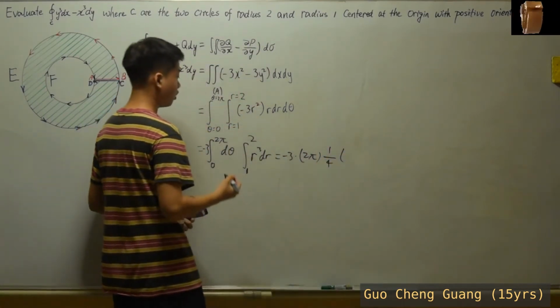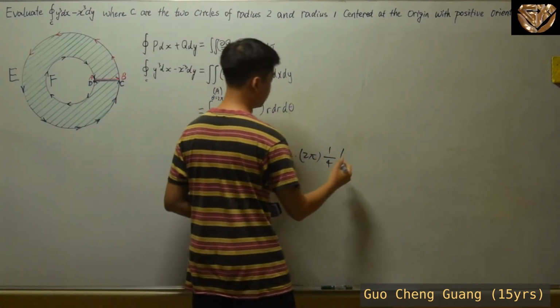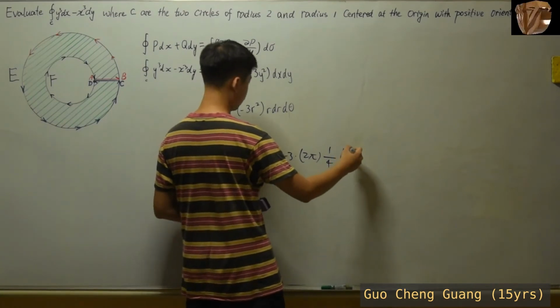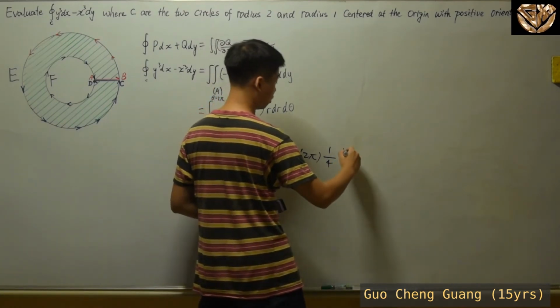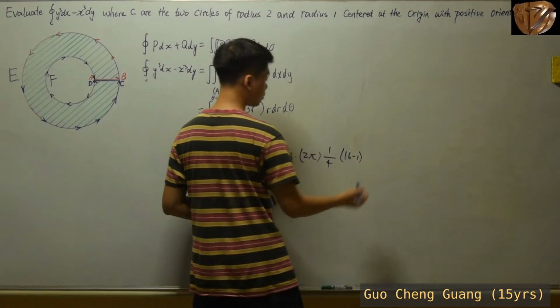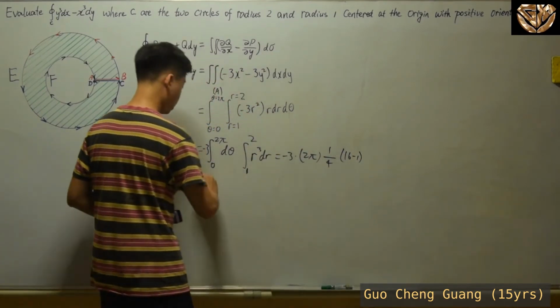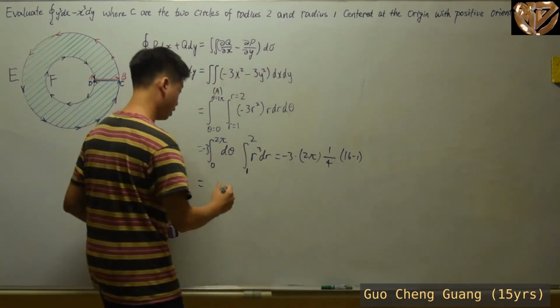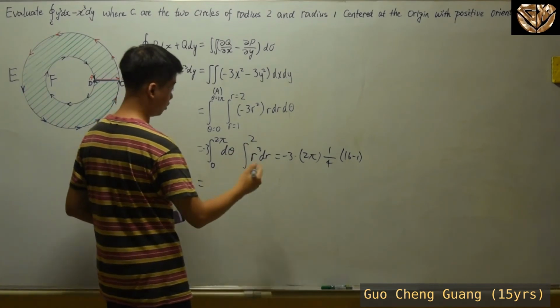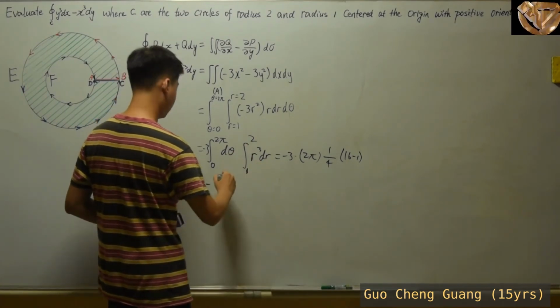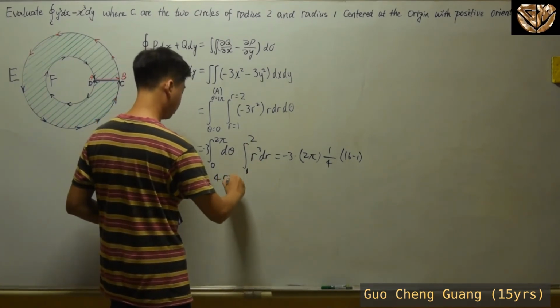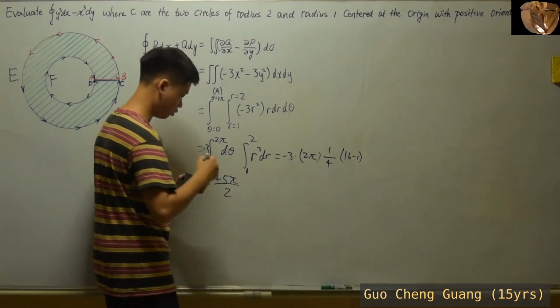So that is 2 to the power of 4 minus 1 to the power of 4, which is 16 minus 1, which, if you could find it early, is 15. And thus, you have negative 45 pi over 2.